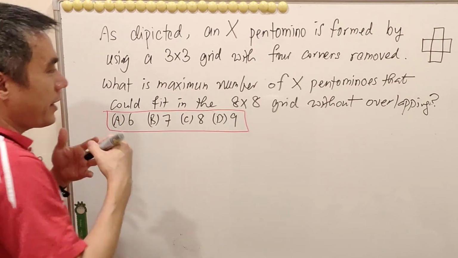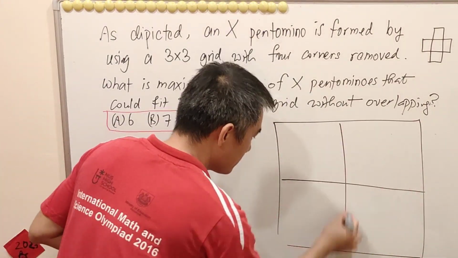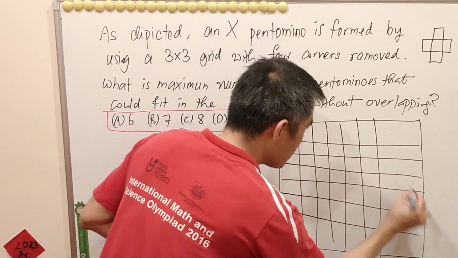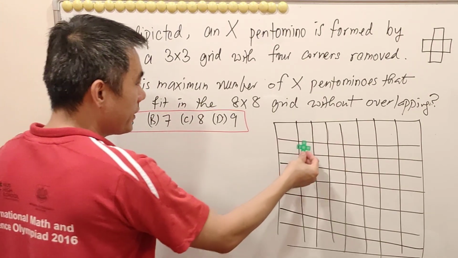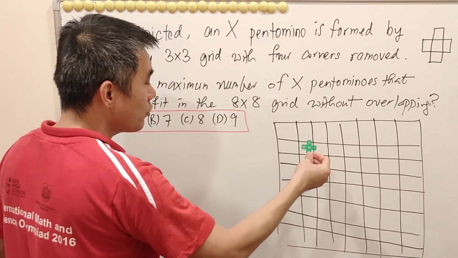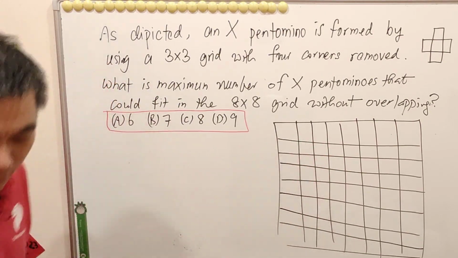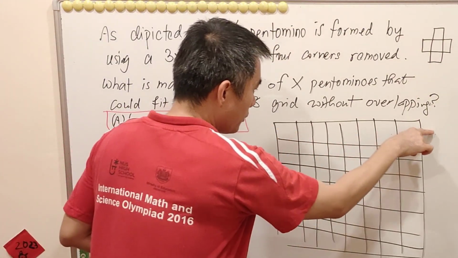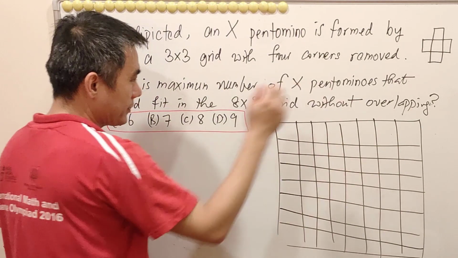Let's look at the 8x8 grid. Notice that no matter how we place our X Pentominoes, of course they must be of the same size, then for the first row, it will take up at most 2 of the squares.